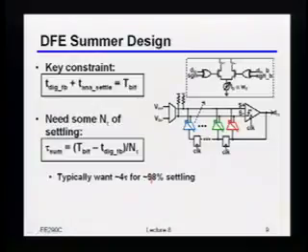I heard somebody say it, just speak up. 3 pico? Okay, yeah, probably about 20 to 30 picoseconds. So let's call it 30 picoseconds. Okay, so how much time does that leave for this DFE summer to settle at 10 gigabits per second? 70 pico? Yeah, it leaves about 70 picoseconds for the DFE summer to settle.